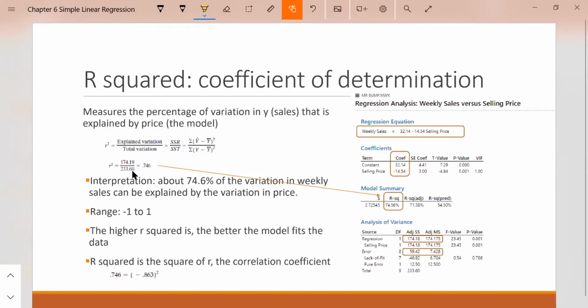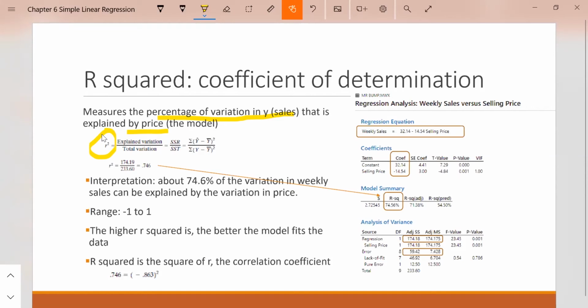The R-square is exactly measuring the percentage of variation in sales that can be explained by the price or the model. As we mentioned, the more we can explain using price, the better the model fits the data. And therefore, as you can imagine, in terms of this R-squared, of course, we want it to be as high as possible.